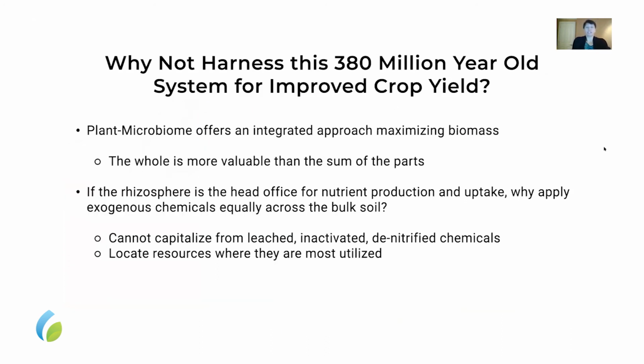So if we have this and it's out there and we know and understand about it, why don't we harness this ourselves for improved crop yield? So the microbiome offers an integrated approach to maximizing biomass. And in this instance, if you think about it more as the whole is more valuable than the sum of the parts. So in science, we typically, and we almost have to, try to break things down into individual components, isolate them, scrutinize them, interrogate them, and hopefully learn more about the system or the organism as a whole.